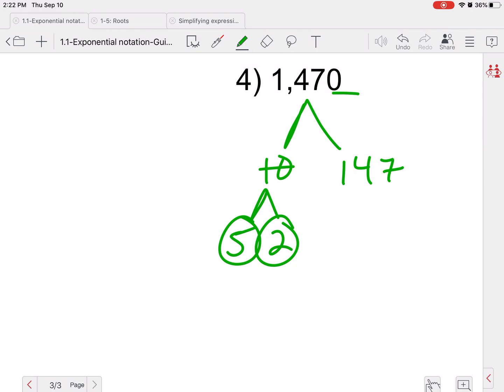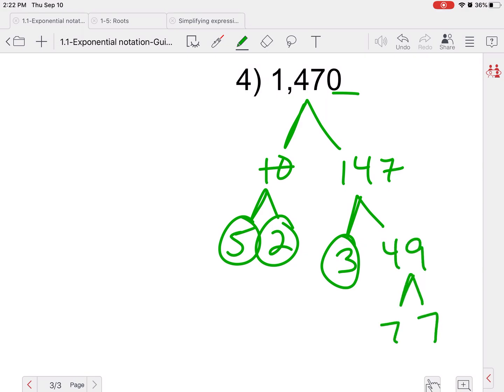So 1 plus 4 is 5, plus 7 is 12. So since 3 goes into 12, I know 3 goes into 147. It's also prime. 147 divided by 3 is 49. And 49 is 7 times 7, and both of those numbers are prime. And again, I can ignore the 147 and 49 because I've already broken them down into their prime numbers.